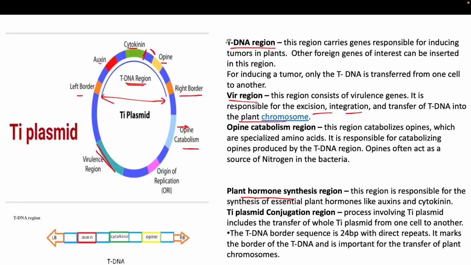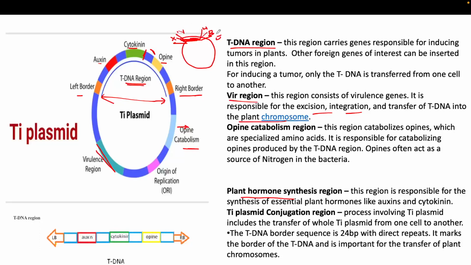If you look at the ideal plasmid structure, there is one multiple cloning site, which means a variety of restriction sites. Suppose these are HindIII, BamHI, EcoRI, and so on, like NdeI, XhoI.